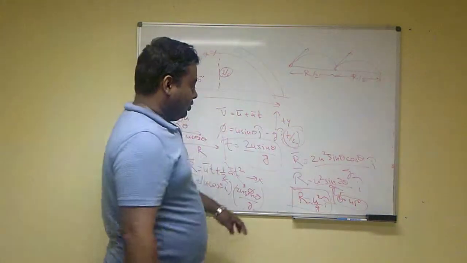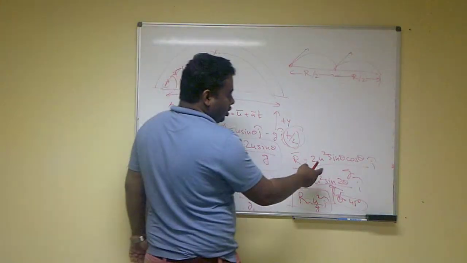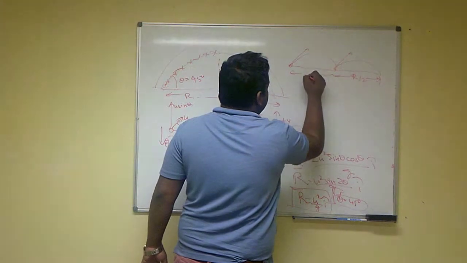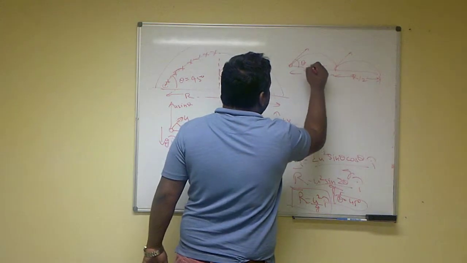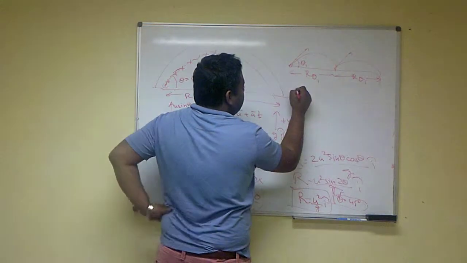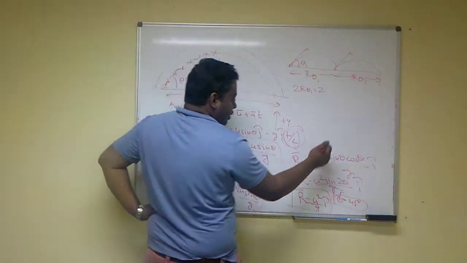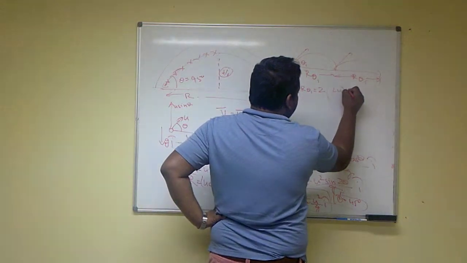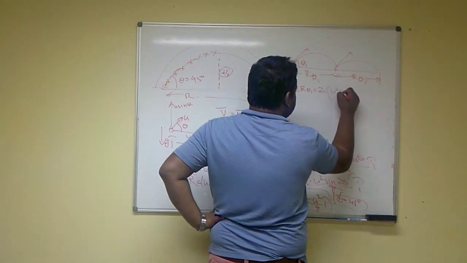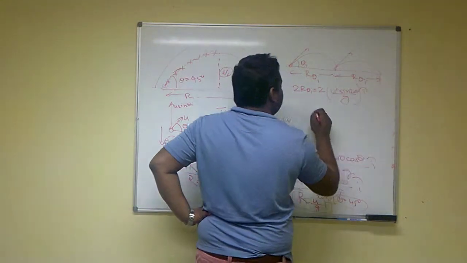So if this is my r vector, then for two of these ranges, at a different theta angle, let's say theta 1, I'll have 2 r theta 1, which is 2 times 2u square sine theta cos theta over g, or u square sine 2 theta over g i cap.